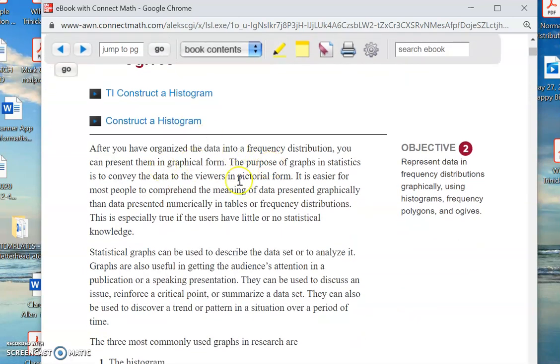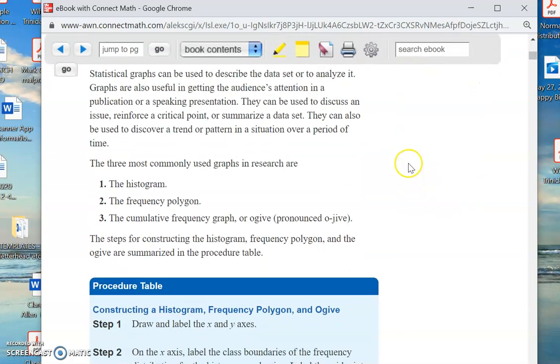Okay, so that's what we're talking about here. You want to present it in some sort of a graphical form. You want to convey the information in what he's calling pictorial form. In other words, as a picture, okay? And the reason why is because for most human beings, it's easier to comprehend the information if it's in a graph of some sort, okay?